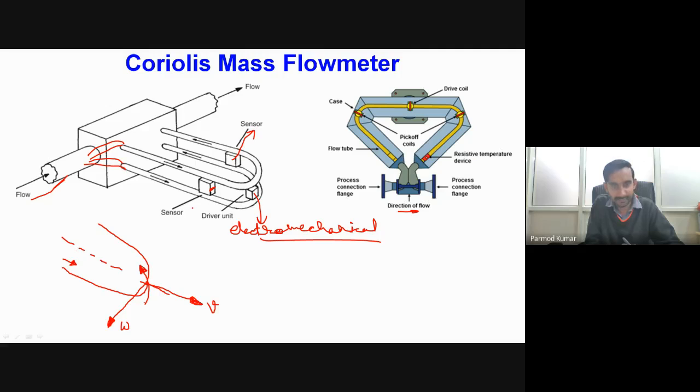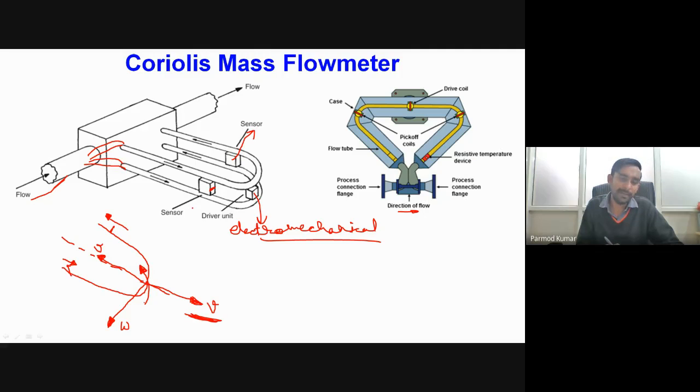So for this left portion of the tube, we will be having velocity vector in this particular direction, and for this right portion of the tube, we will be having velocity vector in this particular direction. Okay, so this is the velocity vector for this particular portion of the tube. And for this particular portion, we will be having velocity vector in this particular direction.